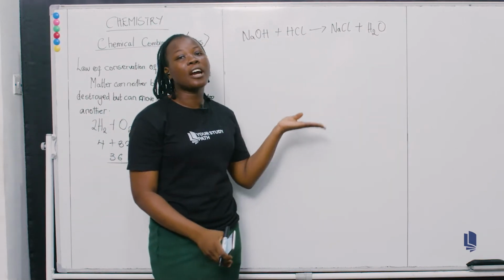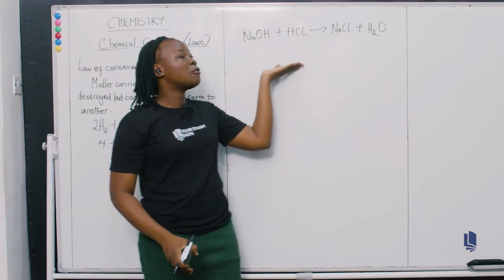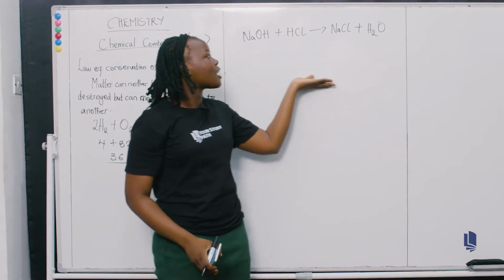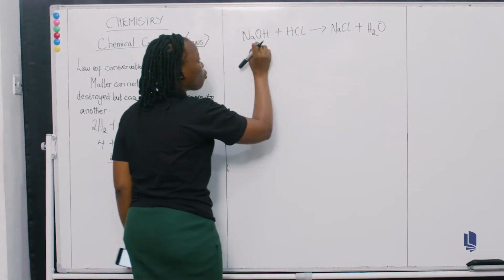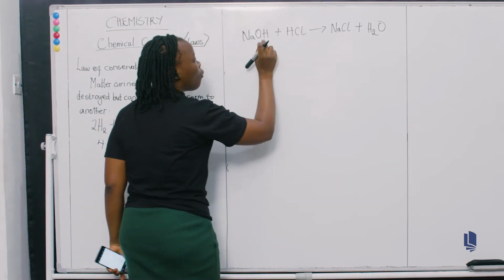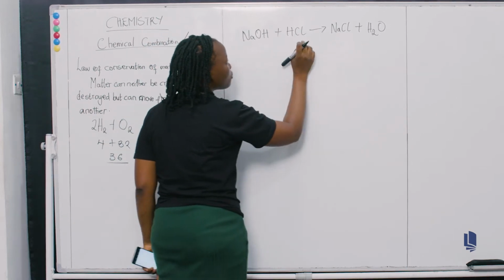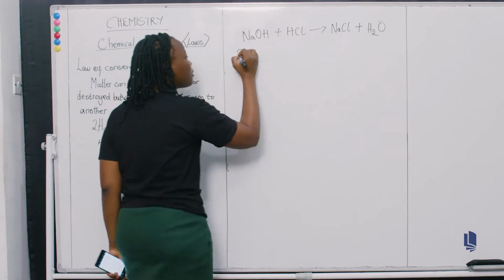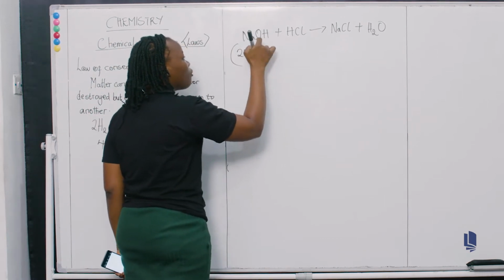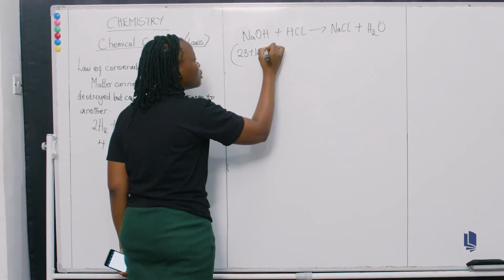You will notice that before I calculate, I usually confirm whether it is balanced or not, so it has to be in a balanced state. This 1, this 1, this 1, this 1. 1 plus 1, 2, 2. Cl 1, 1. So the atomic mass of sodium is 23, right? Of oxygen is 16. Of hydrogen is 1.